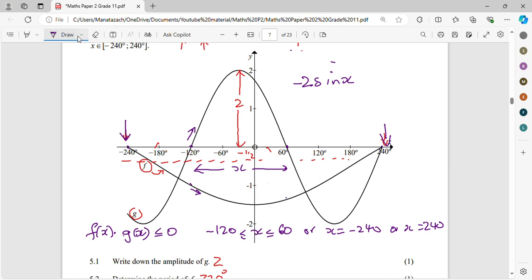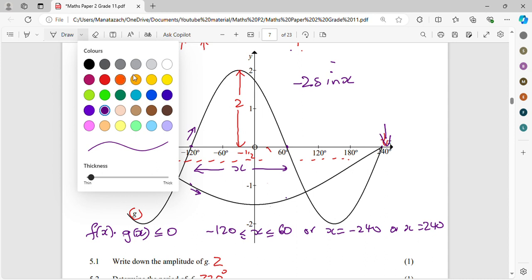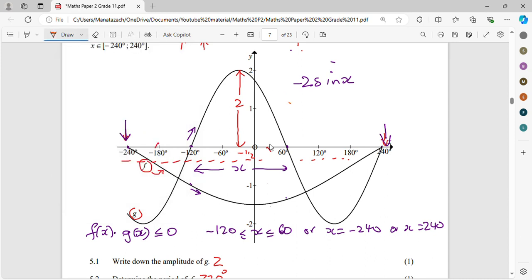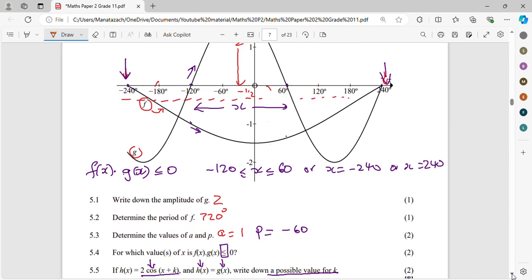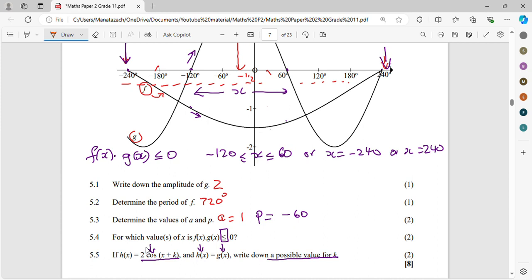Okay, let me just redraw it before the shift, and then I'll be able to determine the value of k. So if you were to draw the graph of, remember, is it minus or positive? So I'm going to draw a graph of 2 cos x, right? It's positive.